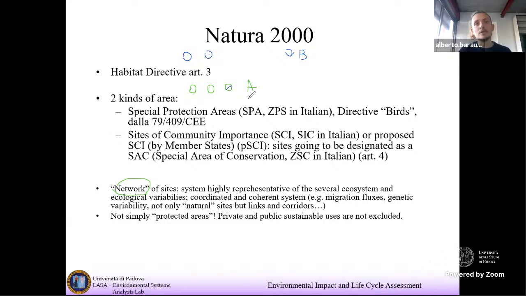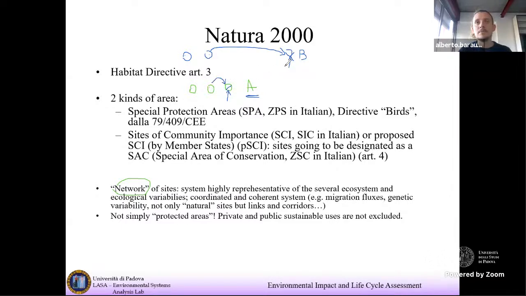I would say that configuration A is better because, let's suppose these three sites are three forests, okay? And you have a fire in this site here, and every tree is killed. And suppose you have a fire here and every tree is killed here too. The distance that animals and seeds have to travel to get from here to here and recolonize the lost forest is much longer than here, okay?